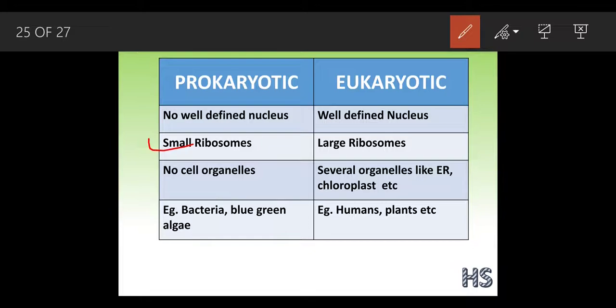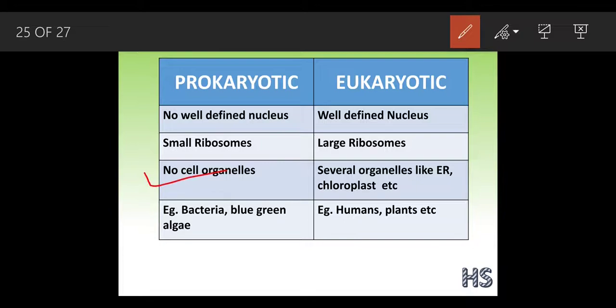Prokaryotes are usually small organisms, so small ribosomes are present. Eukaryotes have a larger ribosome size, which helps with protein synthesis. Prokaryotes have no cell organelles.